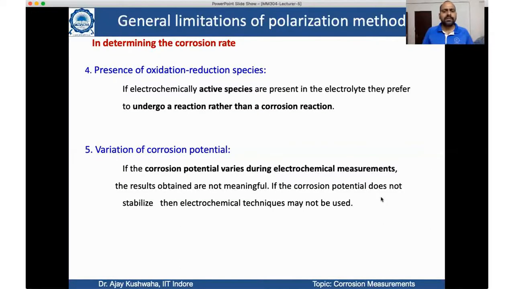So we are not getting a meaningful result. If the corrosion potential does not stabilize, then the electrochemical technique may not be used. If your material gives a stable corrosion potential, only then can that material be tested using the electrochemical technique. Otherwise, we should not prefer to use the electrochemical technique in corrosion analysis.